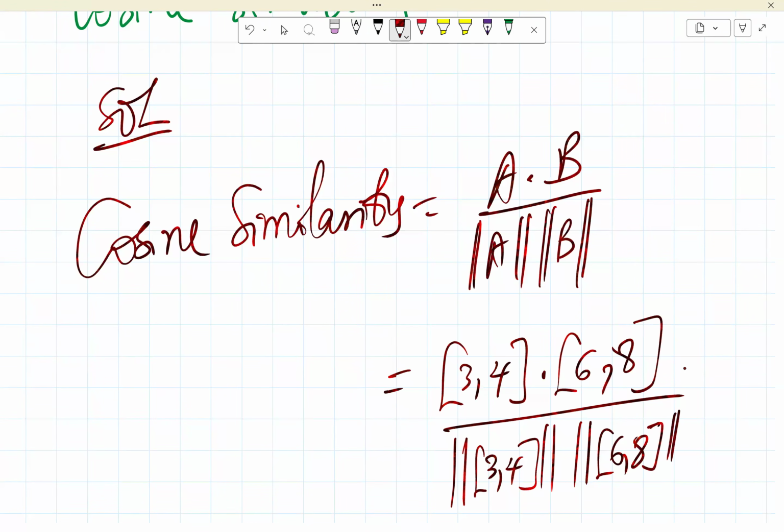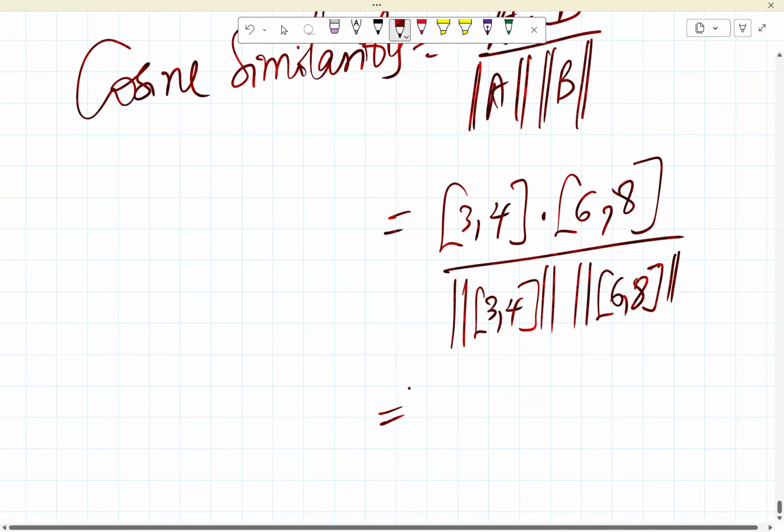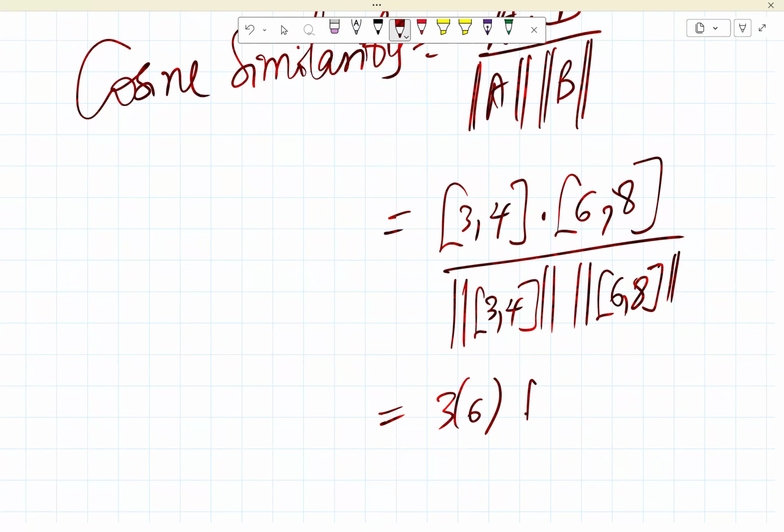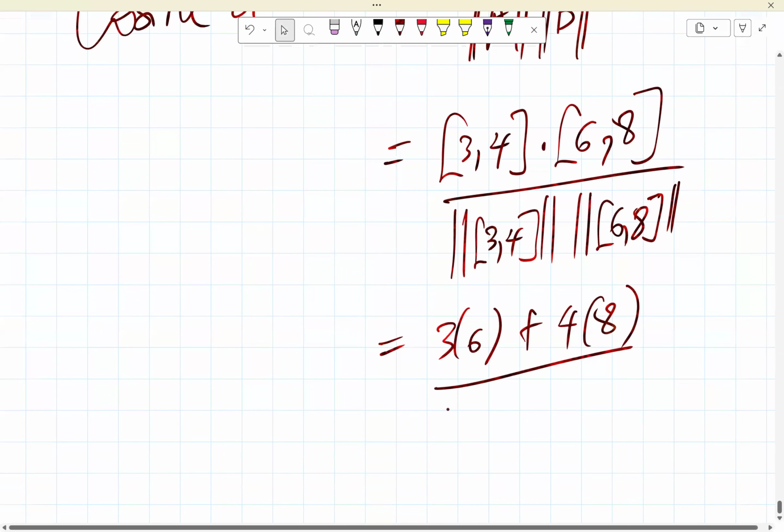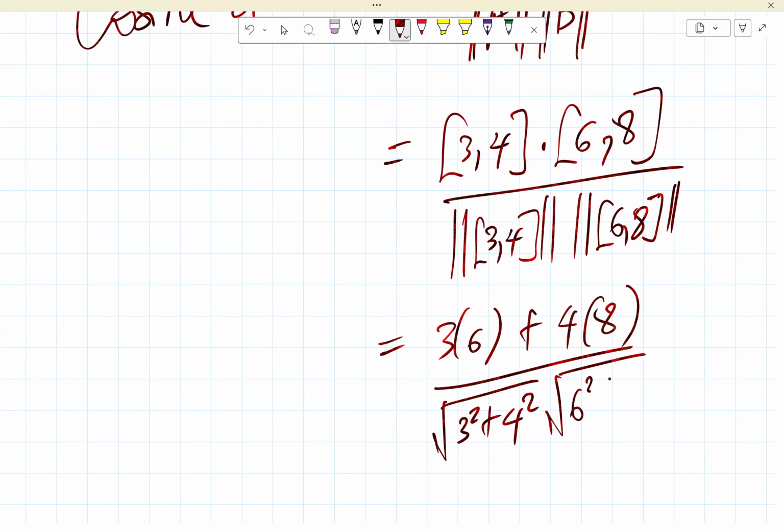If you implement that, that's 3 times 6 component by component plus 4 times 8, divided by the magnitude, which is the square root of 3 squared plus 4 squared, times the square root of 6 squared plus 8 squared. So that's cosine similarity. Let me just call that CS.